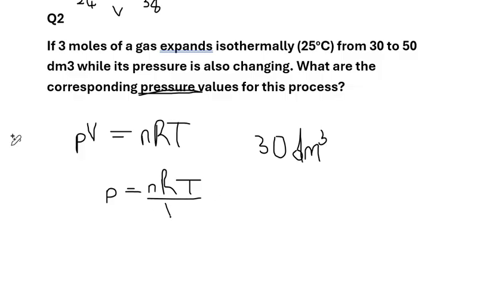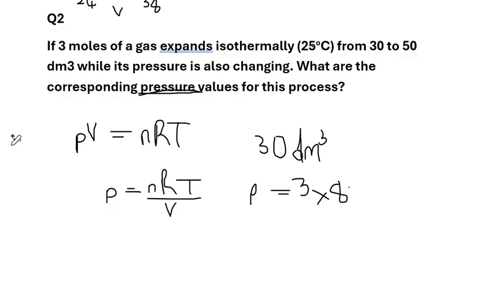So you're trying to find the corresponding pressure. The volume we're going to be working with first is 30. So it's going to be P equal the number of moles, which is 3, right? I'm going to multiply it by the constant R, which is 8.314. The unit for R is joules per mole per Kelvin.